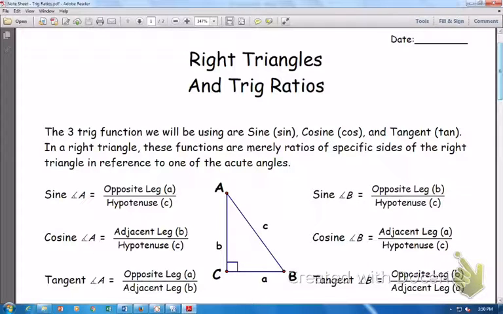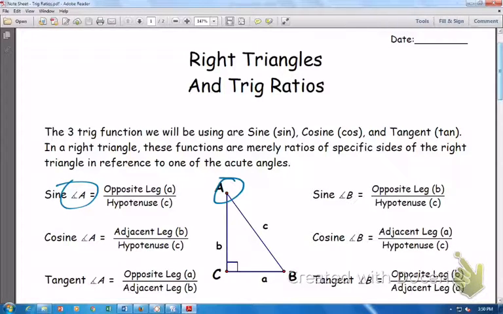What we need to know first is exactly what sine, cosine, and tangent are. You see here the definition of the sine, cosine, and tangent. First of all, it's all in relationship to an angle in a right triangle. So if I want to know the sine of angle A, and we've got a right triangle here, angle A is right here.